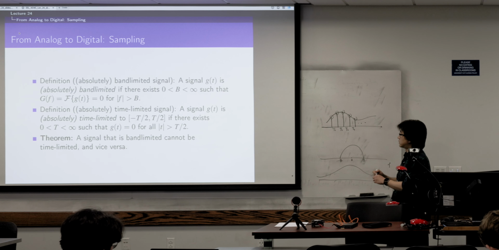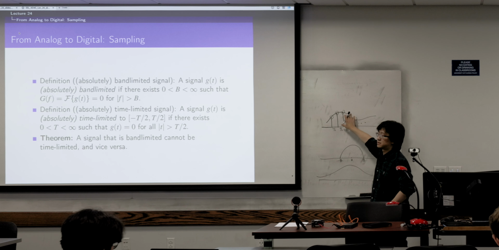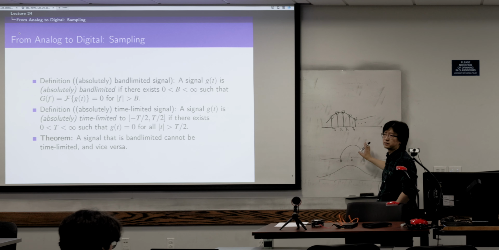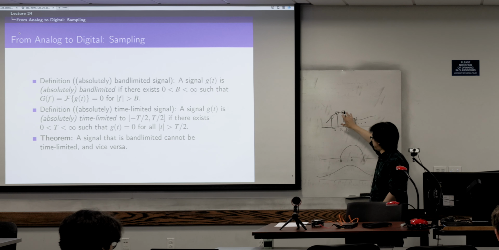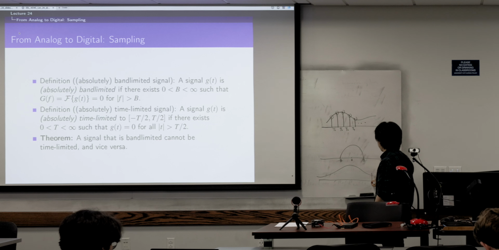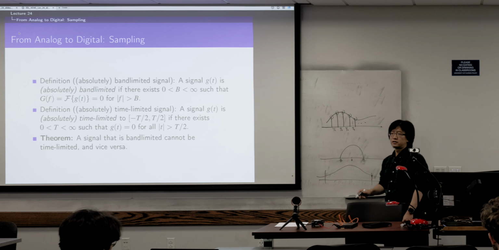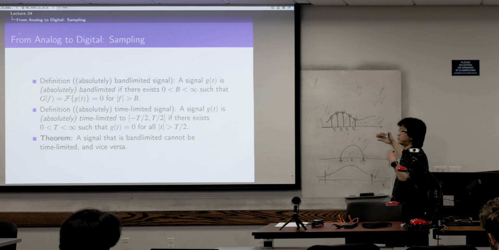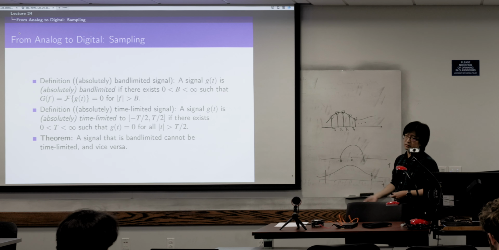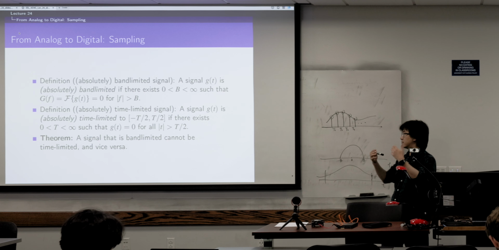And vice versa: if a signal in the time domain is limited, in the frequency domain it will go forever. That makes sense, because in the time domain, if it's limited, meaning it stops at some point, there is a sudden change. And to describe this kind of sudden change, you need very high frequency components, right? We can understand it this way.